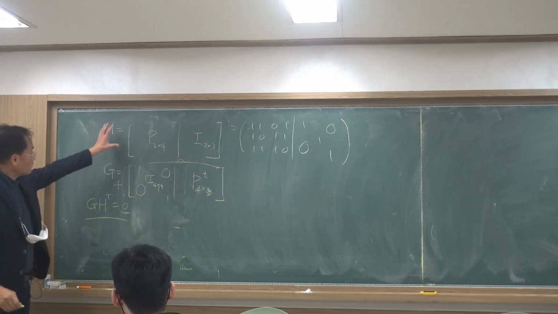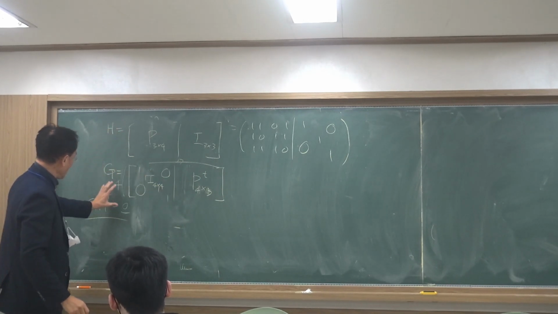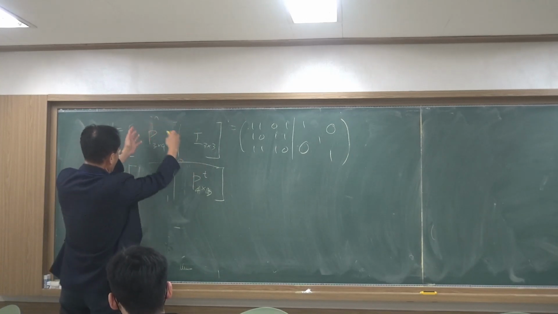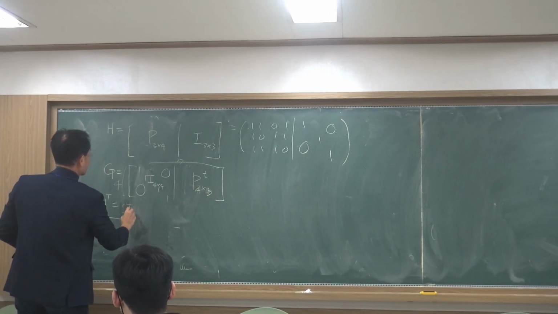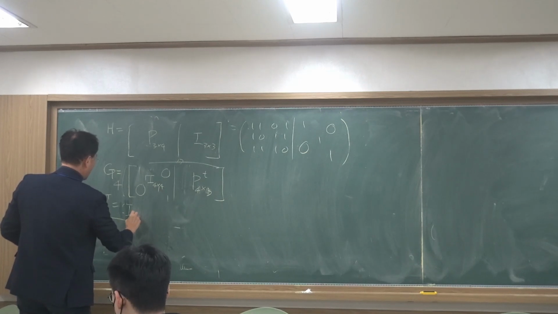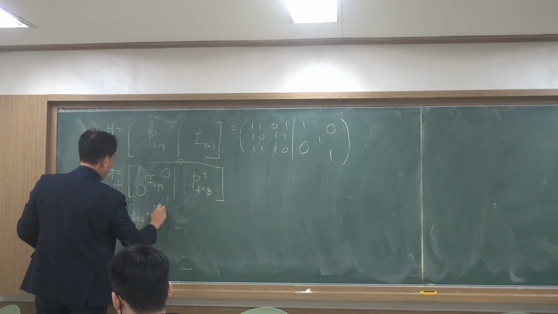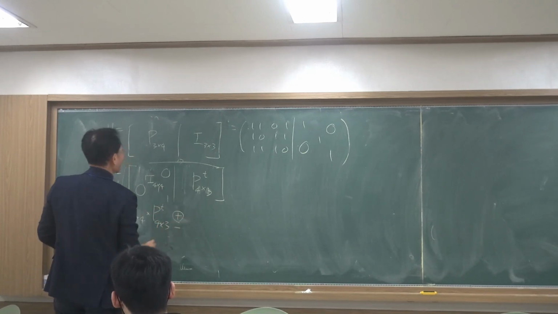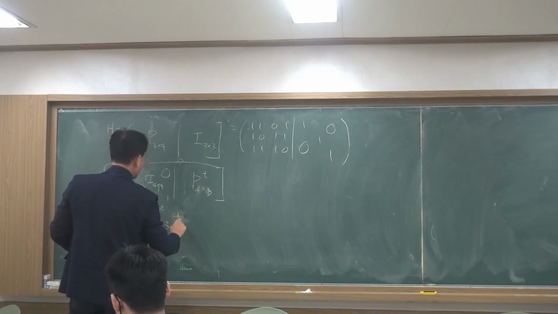Okay? And then if you multiply the two, basically H transpose, which is the transpose of that one. So that is I 4 by 4 multiplied by the transpose of that one, 4 by 3, addition. Addition is modular addition, actually.